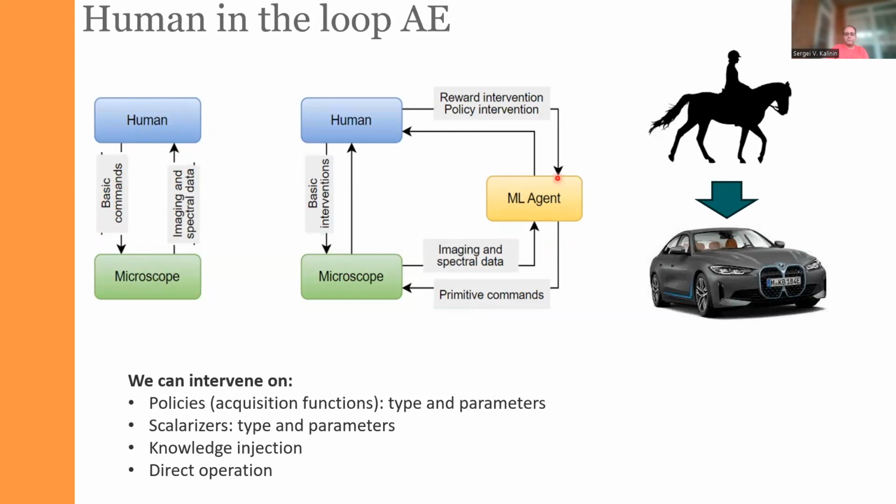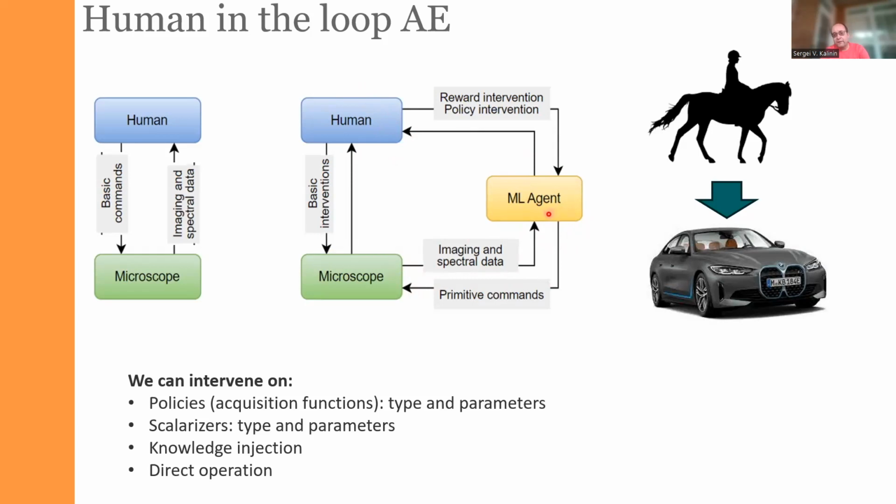Once we start to have a machine learning agent, even the ones that I've shown here, of the myopic Bayesian optimization type, the situation is totally different. Now we have a machine learning agent that issues the primitive commands and analyzes the imaging and spectrum data. And the human basically oversees the operation of the machine learning agent.